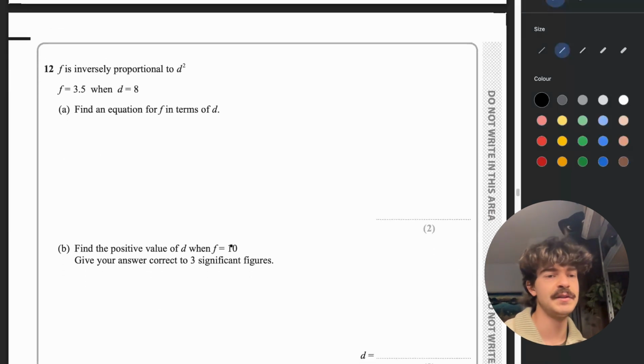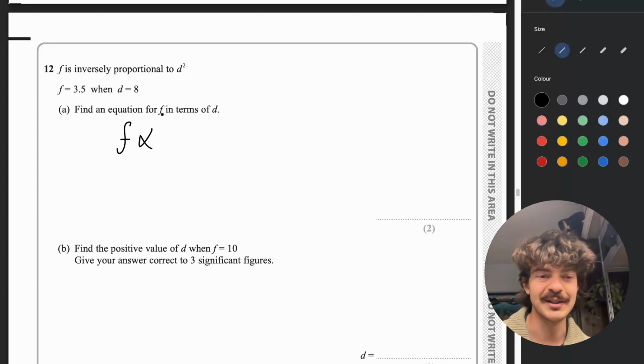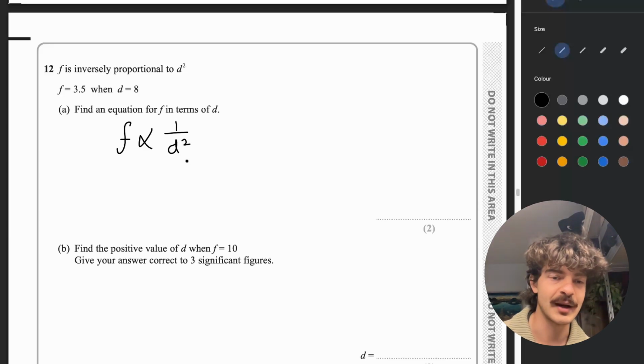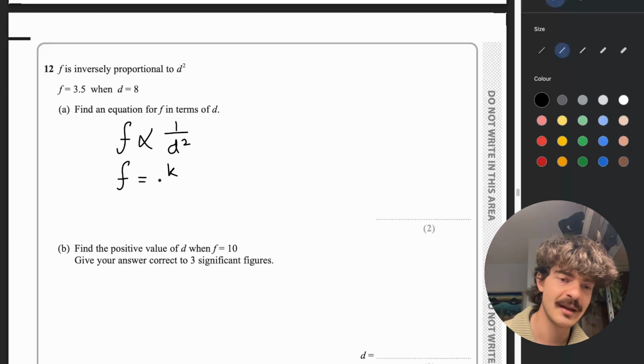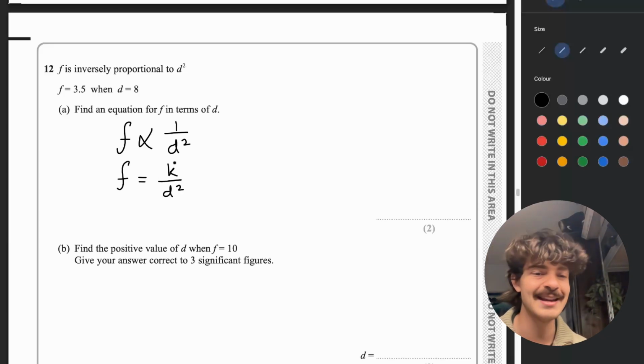Nice. On to question 12. F is inversely proportional to D squared. F equals 3.5 when D is 8. Cool. So to do this, we want to put together our equation. You might have seen these done with this sort of proportionality fish symbol. So F is proportional to 1 over D squared, which means that F is equal to K over D squared. And now it's our objective to identify what K is, right?